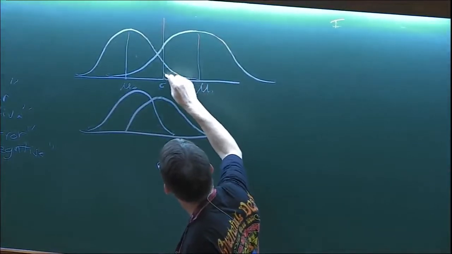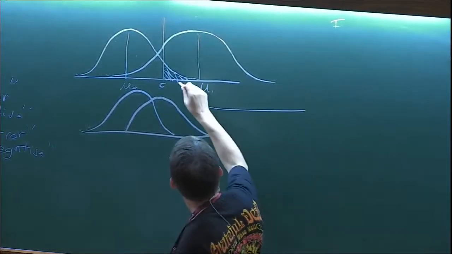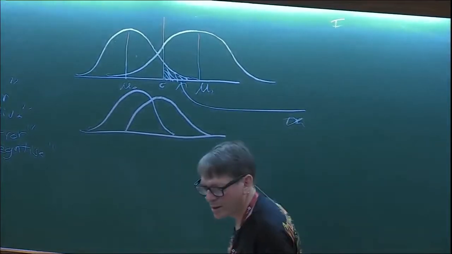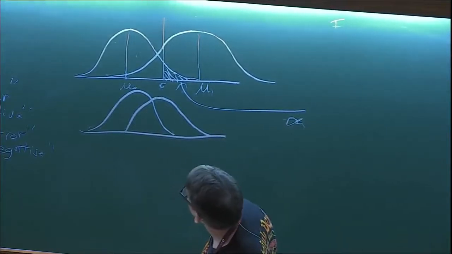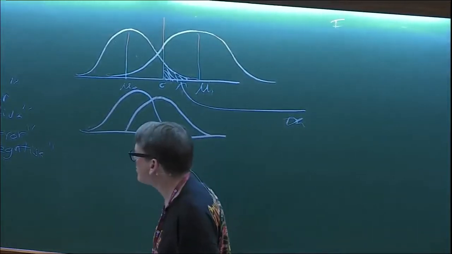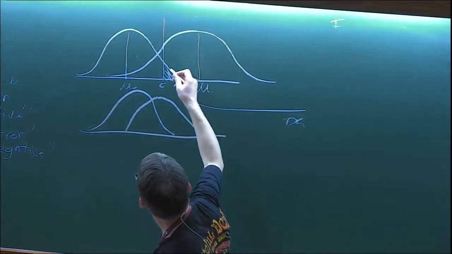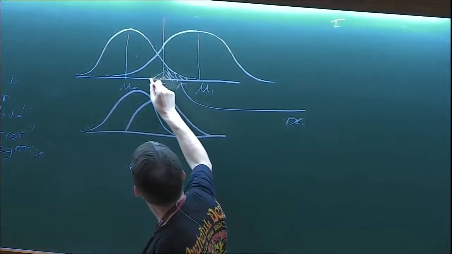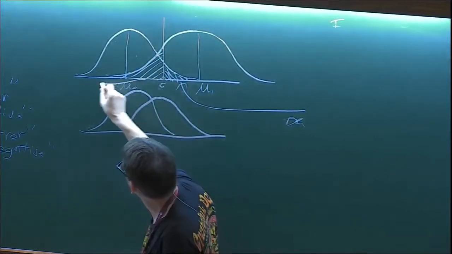So this region here is going to be alpha. On the other hand, what's beta? Beta is that you accept H0 even though H1 is true. Well, that's going to be this region here.